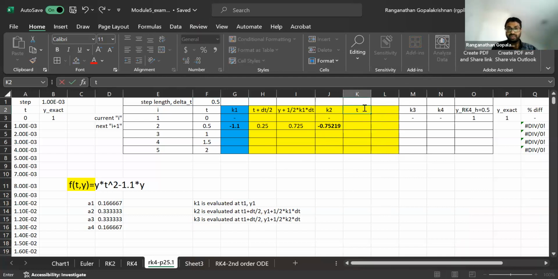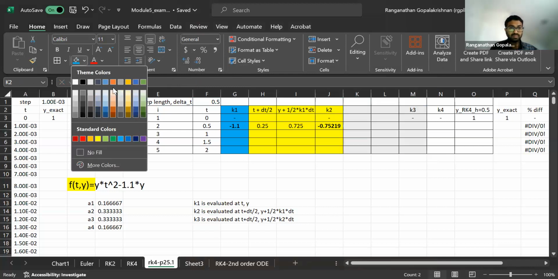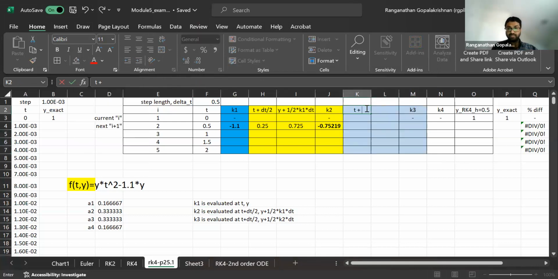To keep it consistent, I'll just drop these one subscripts. I need a different color. So I have T plus dt divided by 2, and then I have Y plus half times K2 multiplied by dt.